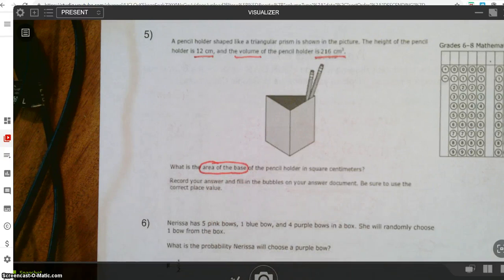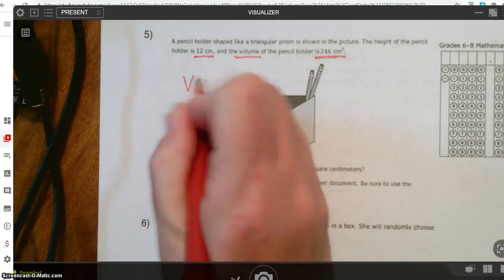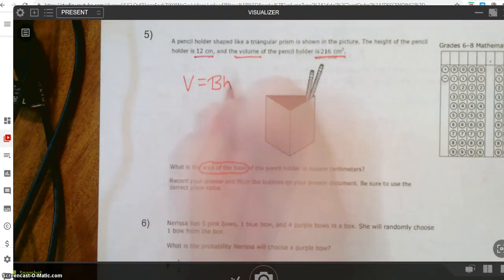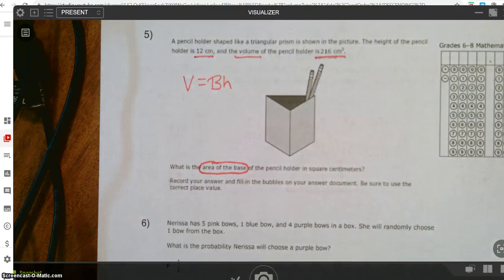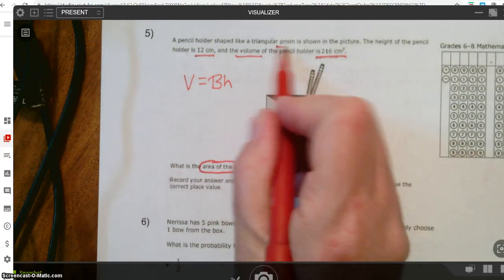Okay, so again, hopefully you have your formula chart and you check it for volume of a prism. And hopefully you're seeing V equals big BH. This is a prism, so there's no guessing.